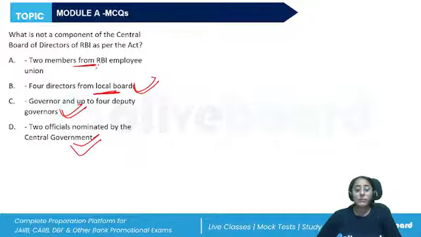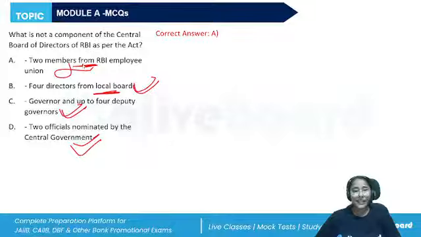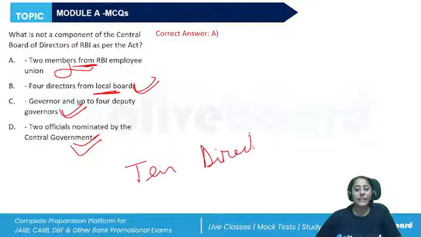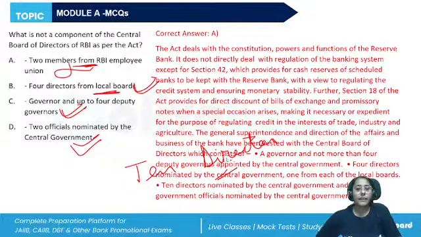But two members from the RBI employee union, this is not true. They will not form a part of the central board of directors. Other than these three, there are 10 directors which are nominated by the central government.